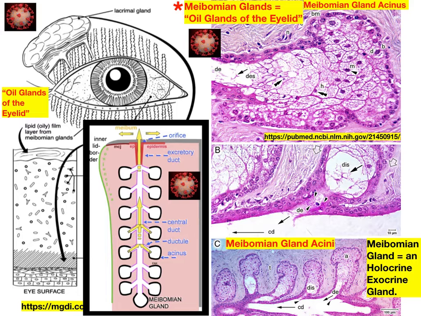So if the nerve endings become infected, they endocytose virions from this infected meibomian gland, and they could transmit the virions through axonal transport retrogradely towards the brainstem, arising first at the pterygopalatine ganglion.